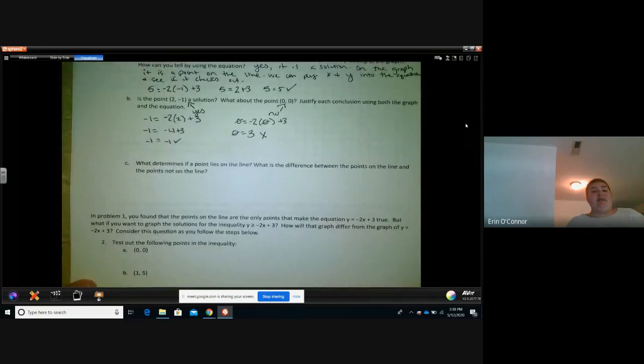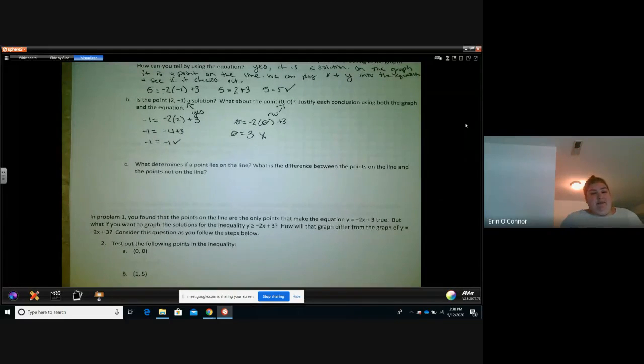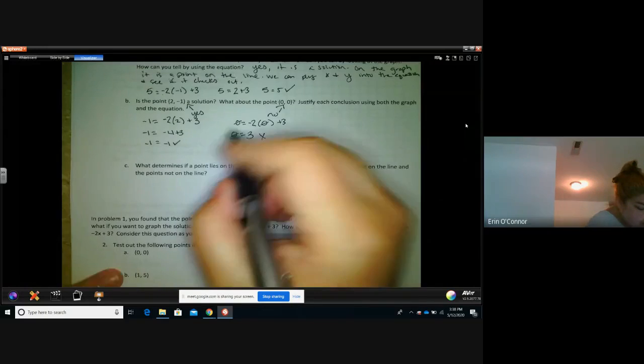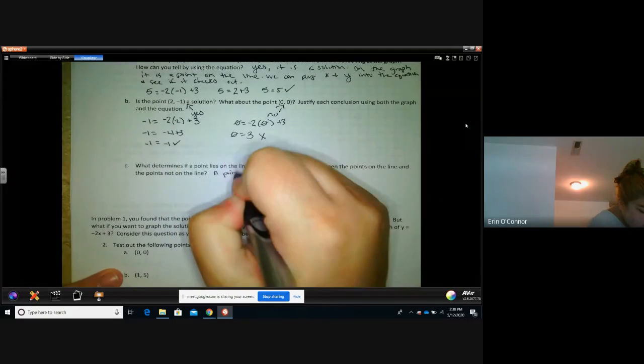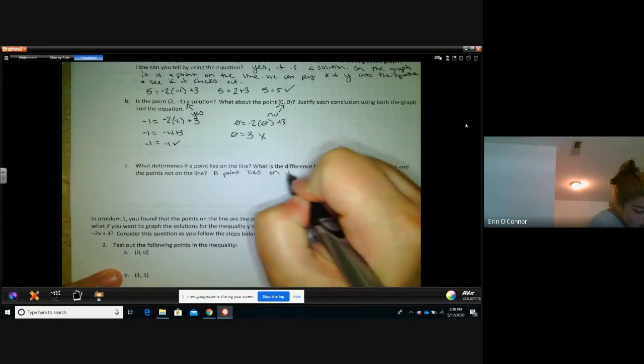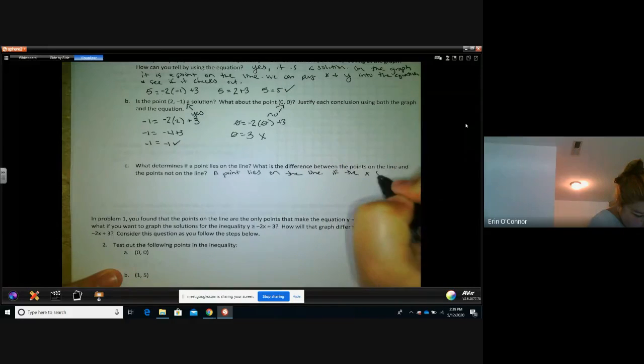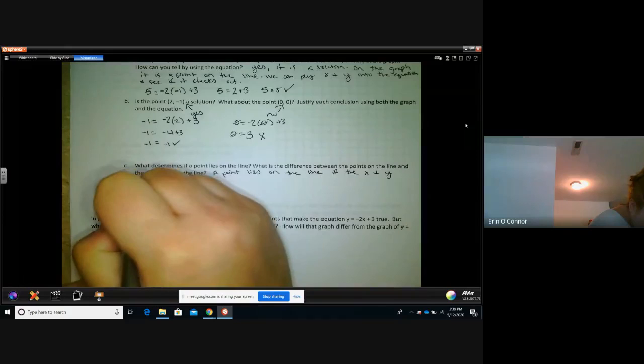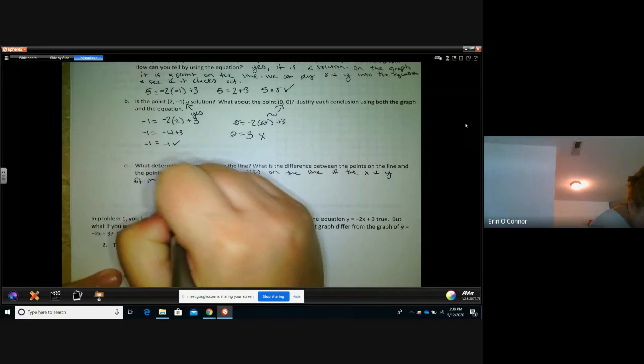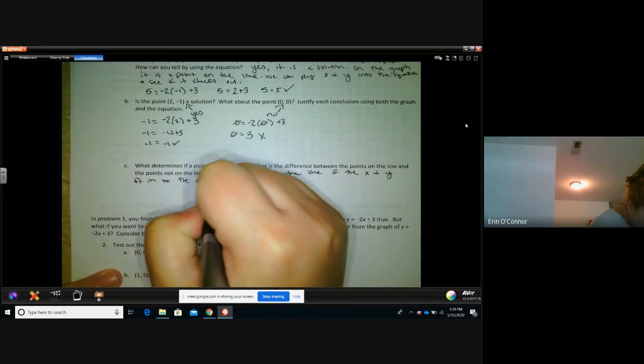What determines if a point lies on the line? What is the difference between the points on the line and the points not on the line? First of all, what determines if a point lies on the line? A point lies on the line if the x and y fit into the equation.